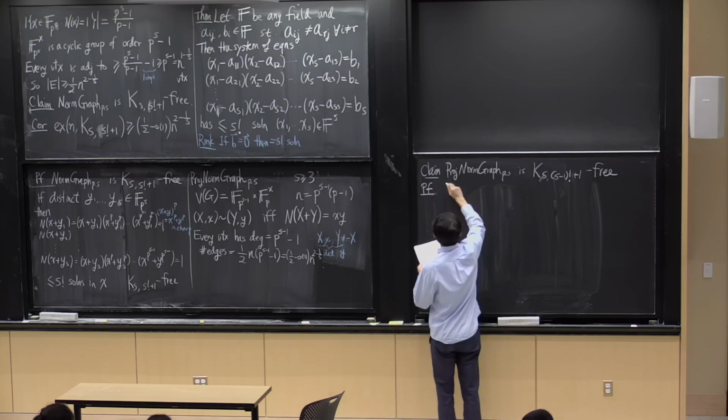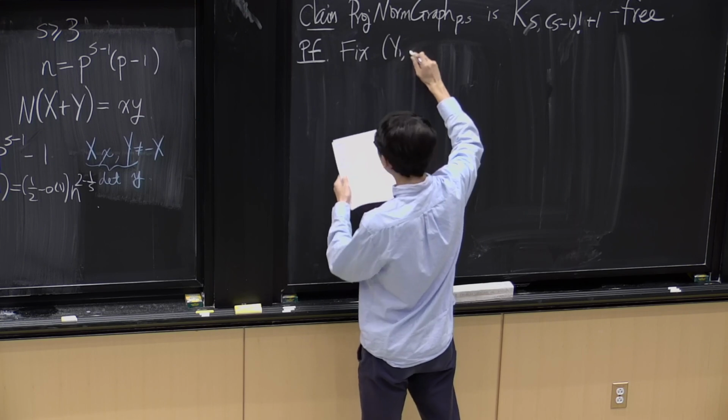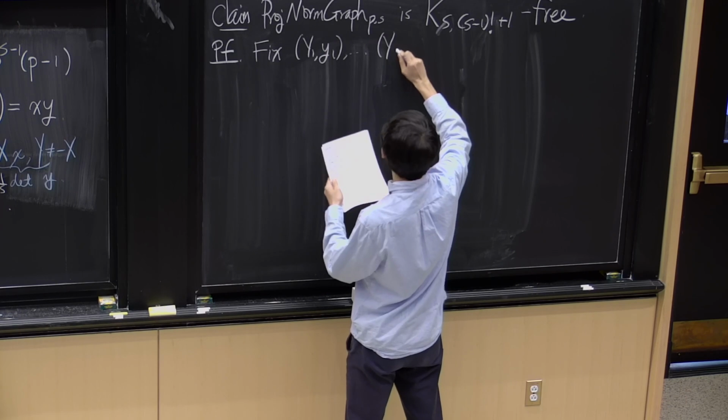So suppose we fix s vertices labeled by these big Y, little y's.